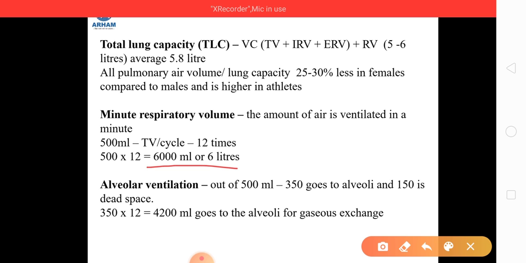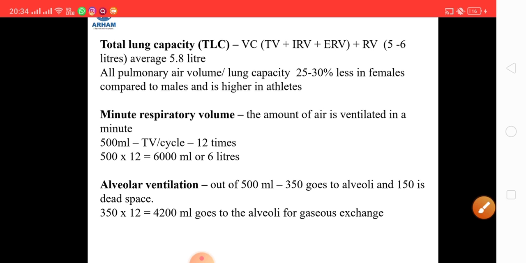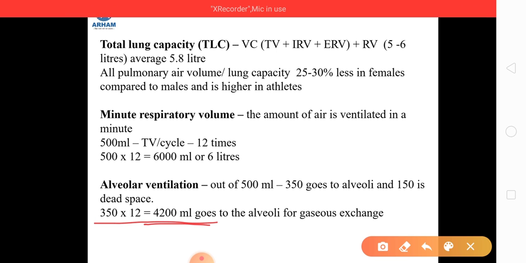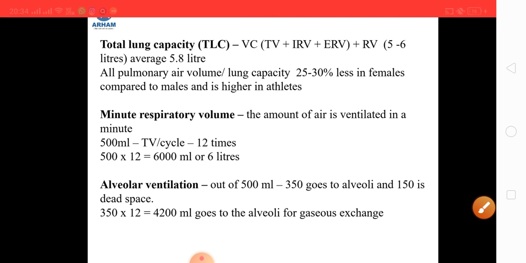The next one is alveolar ventilation. Out of the 500 ml that we have inhaled, 350 goes to the alveoli. Okay, 150 remains in the tract, that is the dead space. So 350 into 12, again counting in 1 minute, goes to 4200 ml, which is the alveolar ventilation for gaseous exchange.